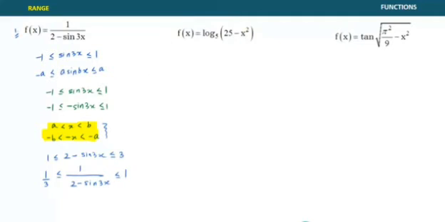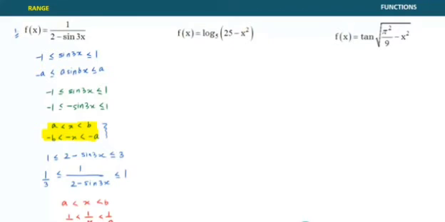Now again, what I have done is another formula. If x lies between a to b, then 1 by x will lie from 1 by b to 1 by a. Take the reciprocal, put it here, take the reciprocal, put it here. That is why 3 comes here and 1 goes here. So the range of this particular problem is from 1 by 3 to 1 by 1 only. Got it?